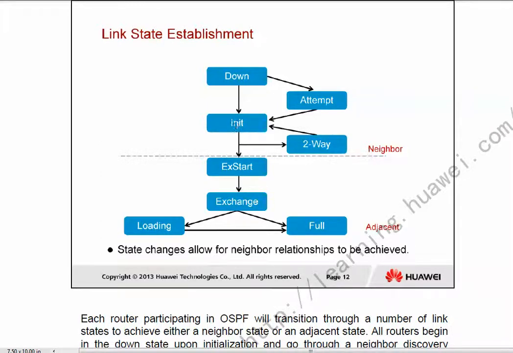When the router sees its own router ID in the hello packets, it transitions to two-way. In the exchange start state, the router and its neighbor establish a master and slave relationship and determine the initial database description sequence numbers in preparation for the exchange of database description packets.